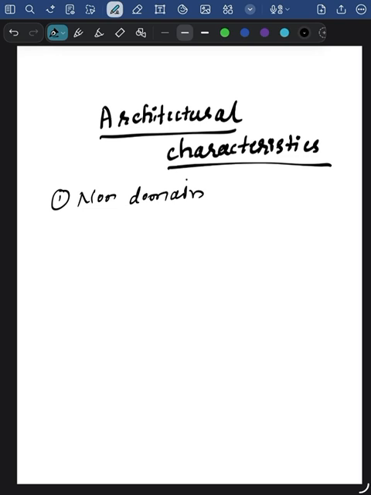The second important thing to understand is that architectural characteristics influence some structural aspects of the design. That means when we say that this system is providing, for example, security, there are two ways to look at it. In a real-world example, if you are building a simple application, how do you tackle security?